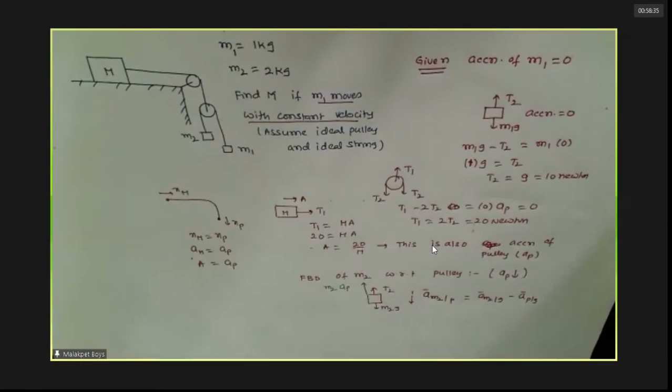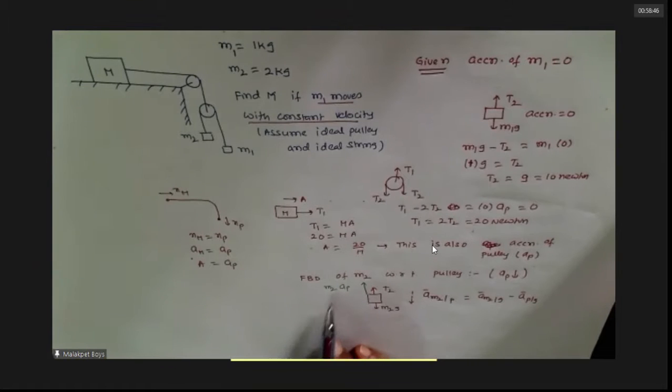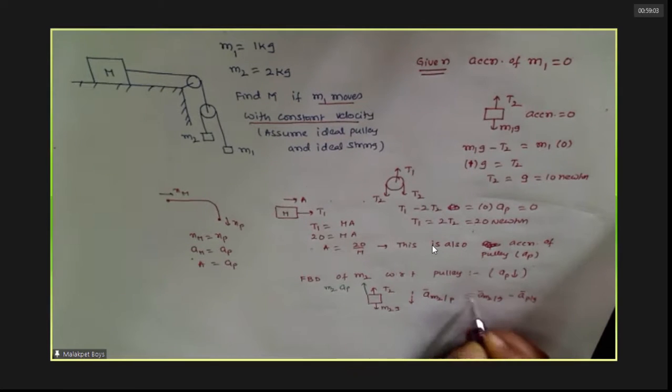Now write the equation of motion of this. How many kgs is M2 given? 20. 20 into 2. Why all this, we don't require now. This we already know.